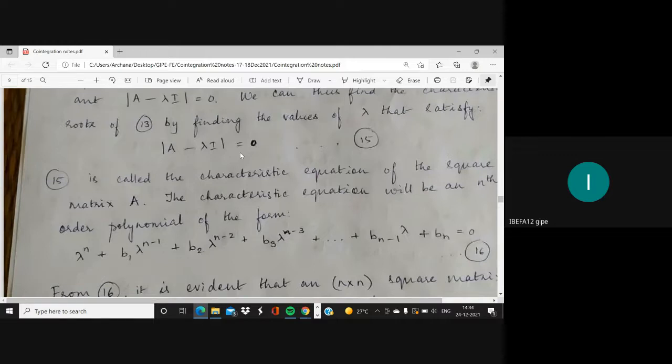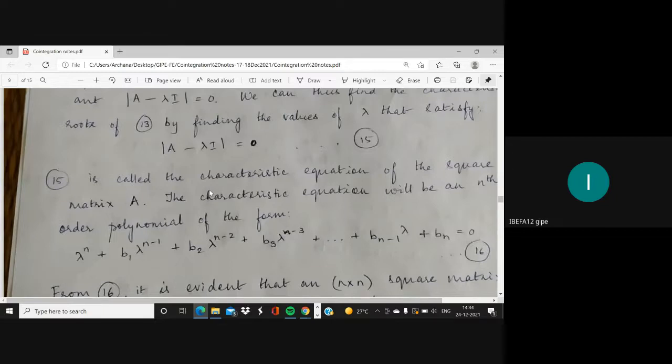We were deriving an equation and then finding out the characteristic roots of that equation. Similarly, even for a matrix, we are trying to do the same thing here. Equation 15 is called the characteristic equation of the square matrix A.